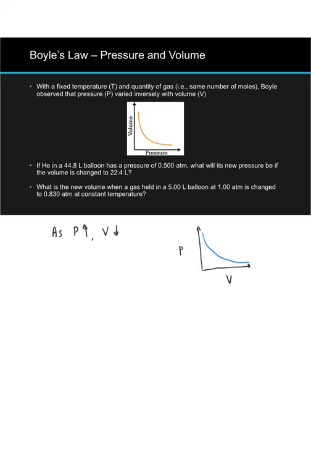So at high pressure, up here along the y-axis, volume is small along the x-axis. At low pressure, down here along the y-axis, volume is large over here along the x-axis.